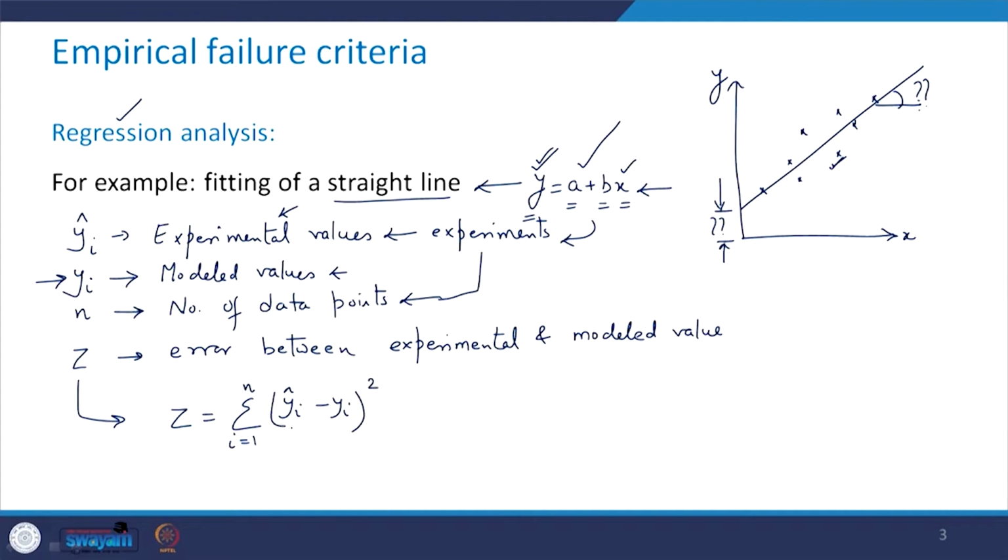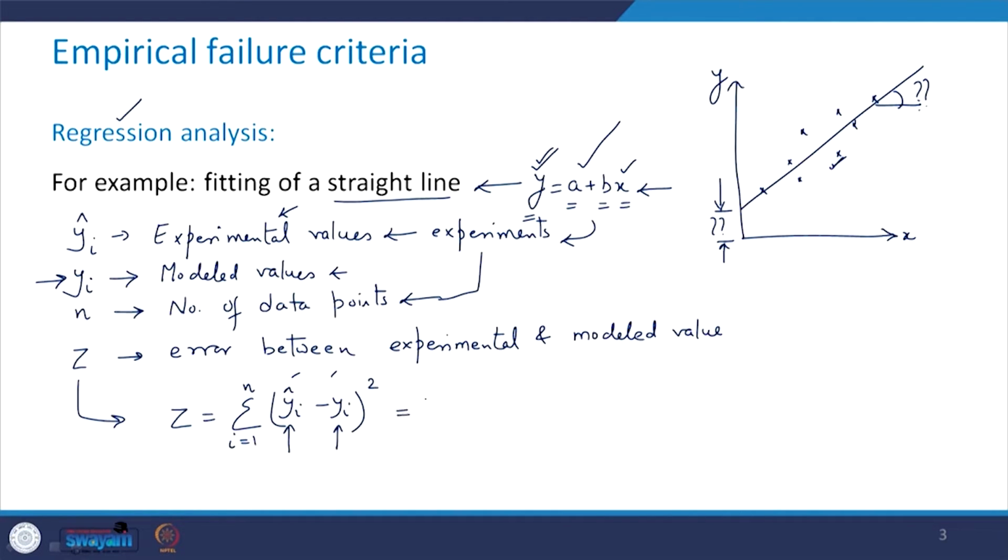This means that here we have the experimental value, here we have the modeled value, and the difference between the two, and we take the square of that so that we are not bothered about the sign of this difference. Either of the two can be larger or smaller than the other one.